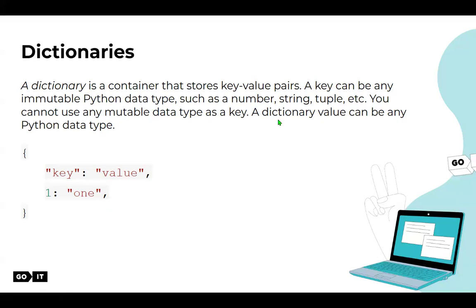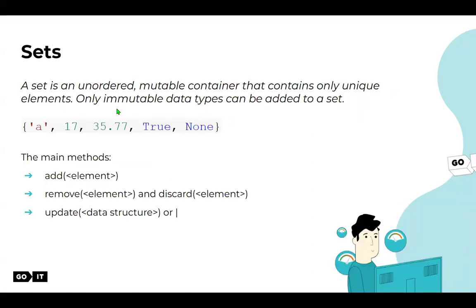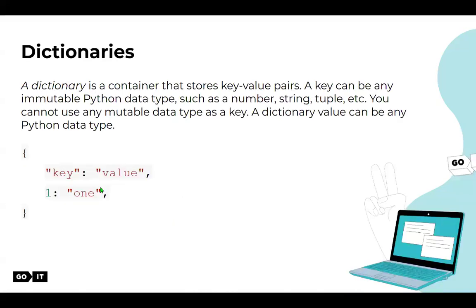Another thing, also just keep in mind, the dictionary value can be any Python data type. So you're not restricted, unlike sets where it can only be immutable. With dictionaries, it's whatever you want to add into it.